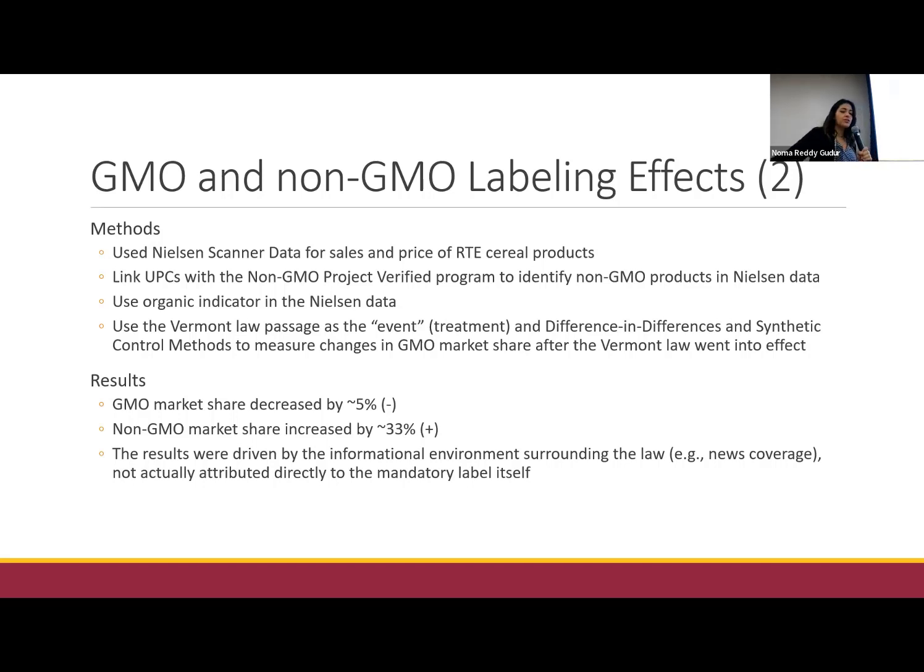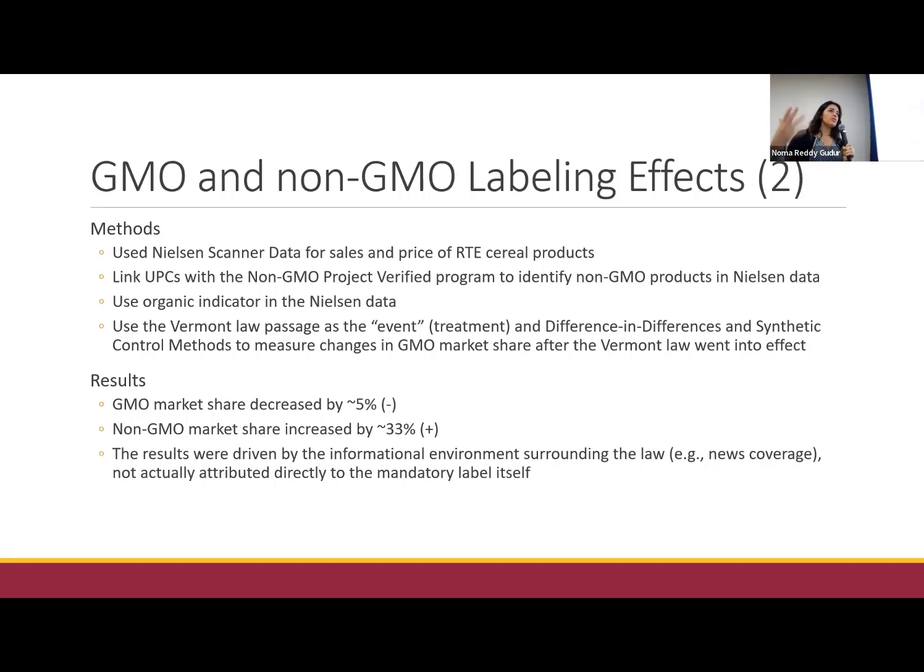They found that GMO market share decreased slightly, by about 5%, and that non-GMO market share increased by 33%. But it turns out that the increase in non-GMO market share was primarily driven by the attention the law was generating in the area, not by the mandatory passing.